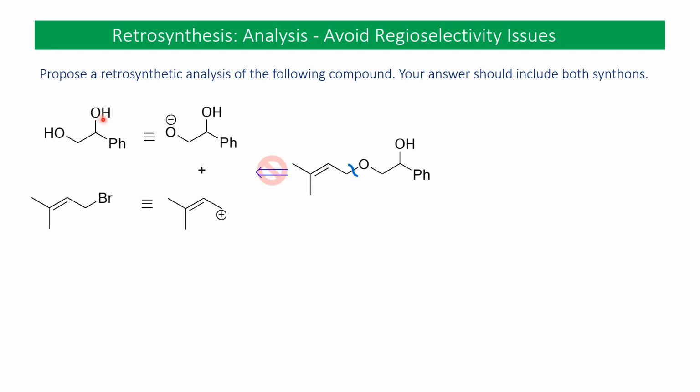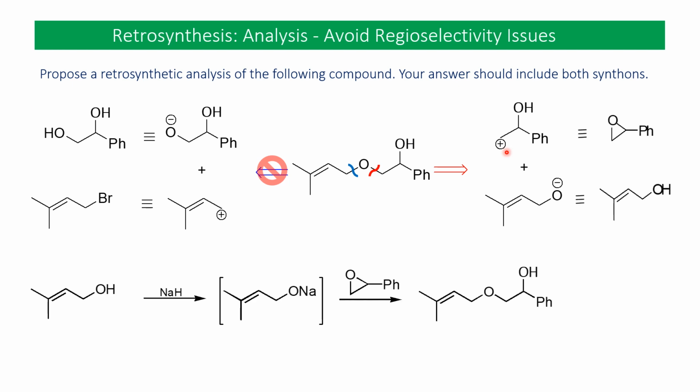With this route, however, we can generate these two synthons, and the alkoxide in this case is a fairly simple species to form. And of course, this synthon here, you should recognize, is from an epoxide.